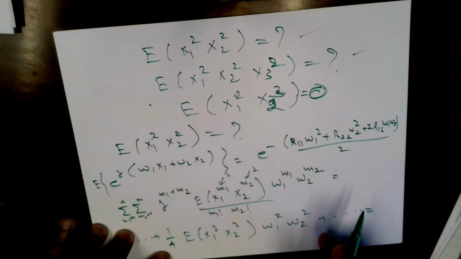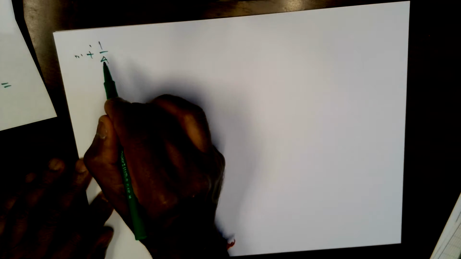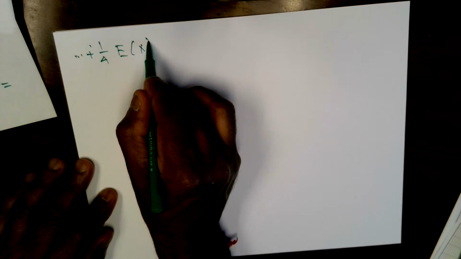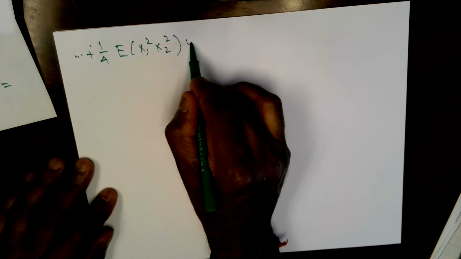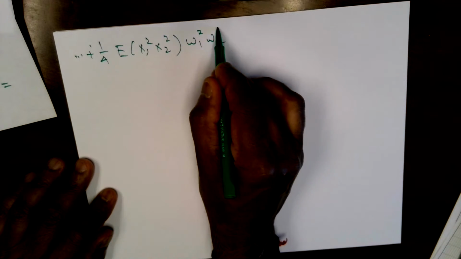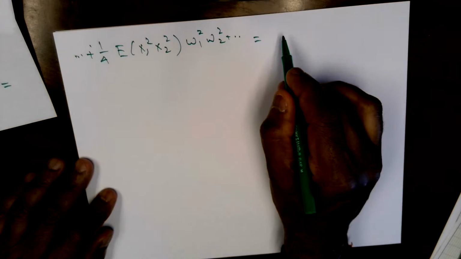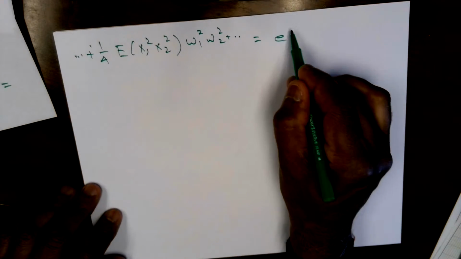So we have to figure out what's the corresponding term on the other side. So on this side, it is plus 1 over 4 expected value of x1 squared, x2 squared, omega 1 squared, omega 2 squared, plus other terms.